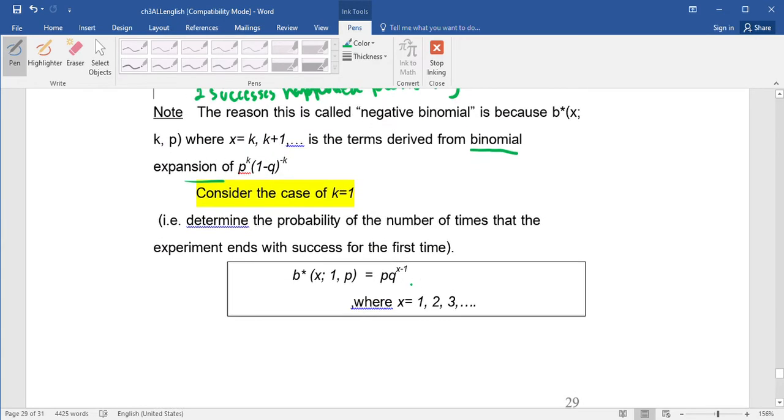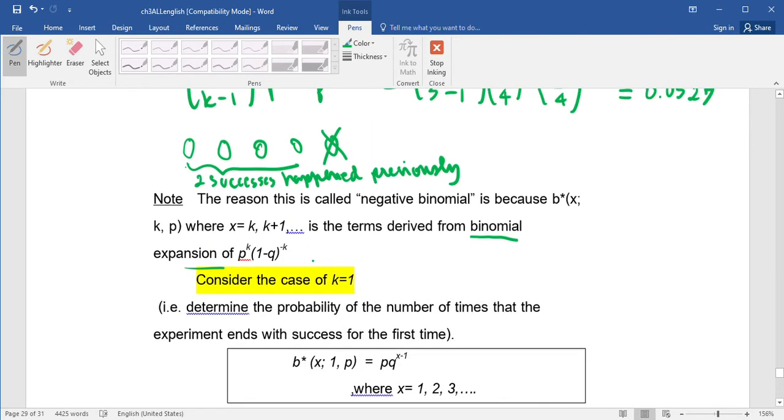So consider the case that k equals 1. It means you got success for the first time in X tosses. In X experiments, you got success for the first time.